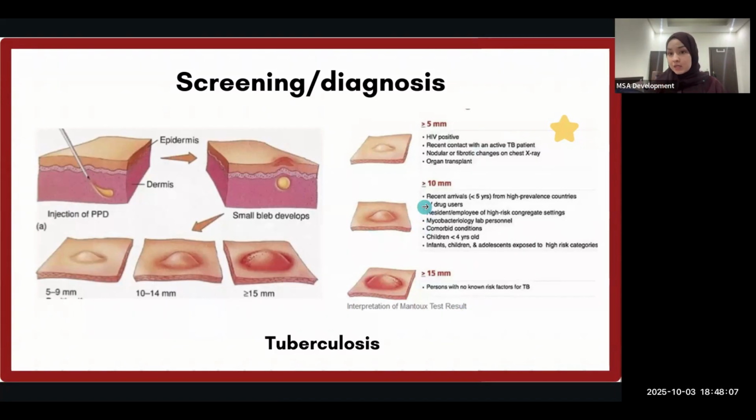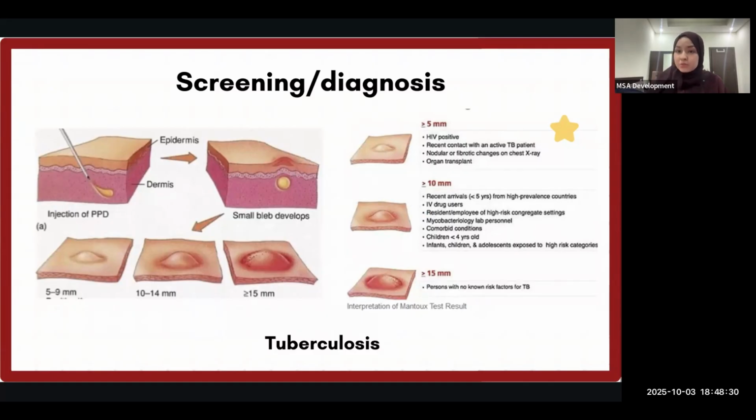If it's greater than 10 for people who have been in endemic areas of TB, for example, this would be positive. And for immunocompromised patients like HIV or had recent contact with TB, greater than 5 would be enough to diagnose it as a positive PPD.